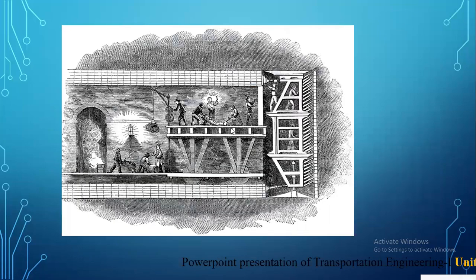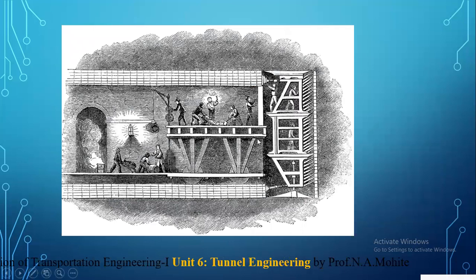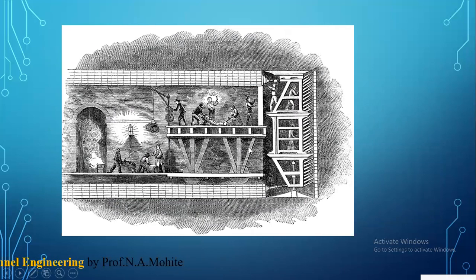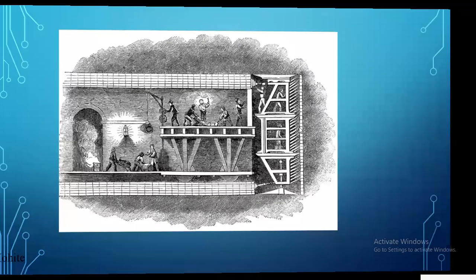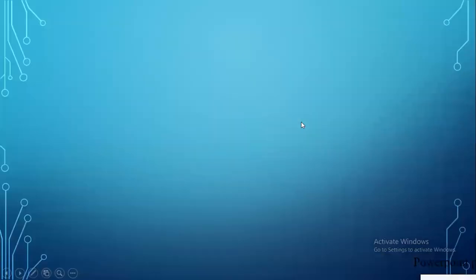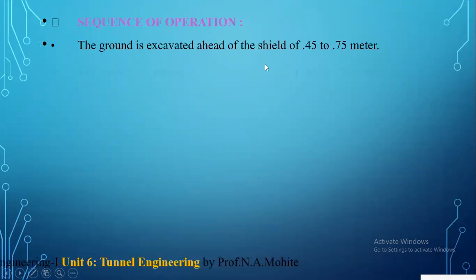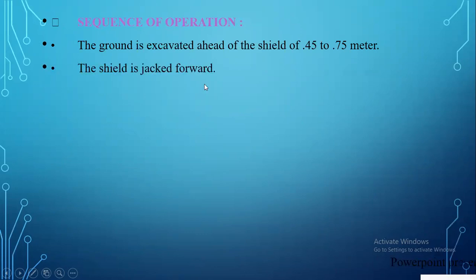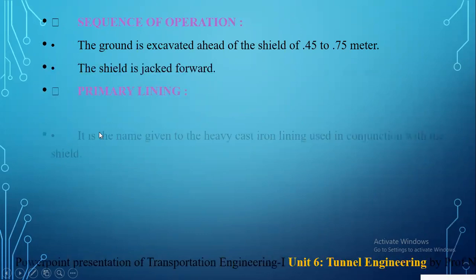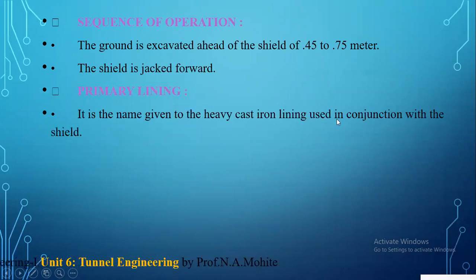Here you can see how the lining work was carried out during the earlier days. We'll see the sequence of operation. First, the ground is excavated ahead of the shield by 0.45 to 0.75 meter. Then the shield is jacked forward. Then primary lining is done, the name given to the heavy cast iron lining used in conjunction with the shield.